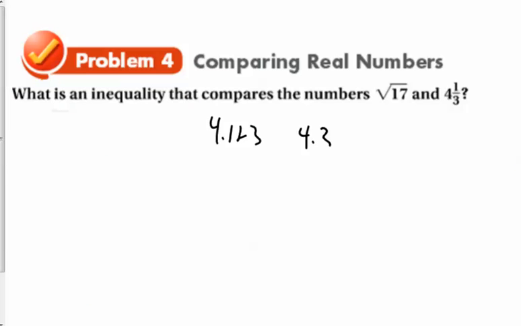So which number is bigger, radical 17 or 4 and a third? Well, 4 and a third is bigger, so radical 17 is less than 4 and 1/3. See how I used my calculator to help me out, and I rewrote it in the non-calculator form? Why don't you take a moment, see if you can do the comparing of the other two numbers. And I'll meet you back here in about a minute.